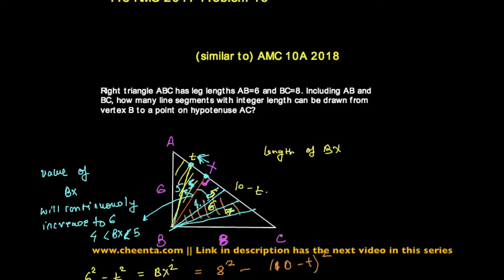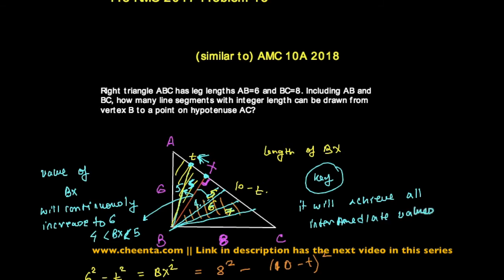The key idea is this: since the length of Bx increases continuously, it will achieve all intermediate values from 4 point something to 8.